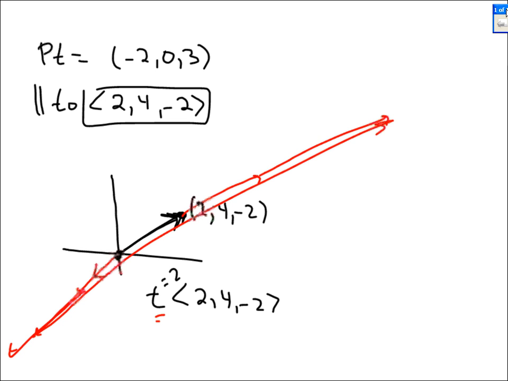But there's only one problem. This line may not contain the point negative 2, 0, 3. In fact, according to my diagram, it does not. So what could we do to make this work?